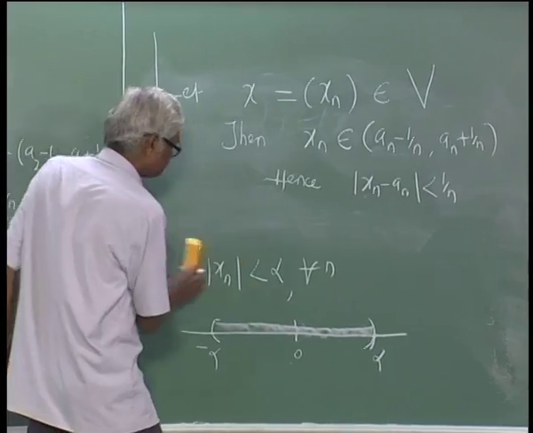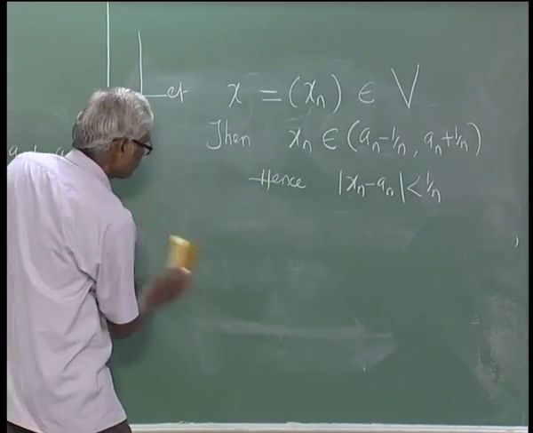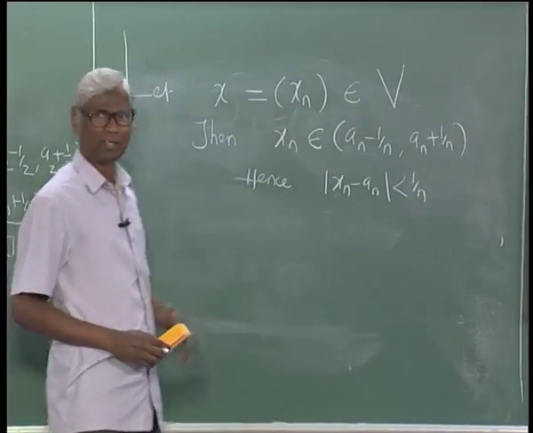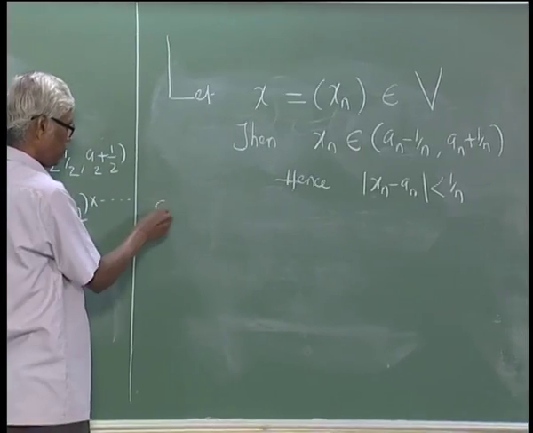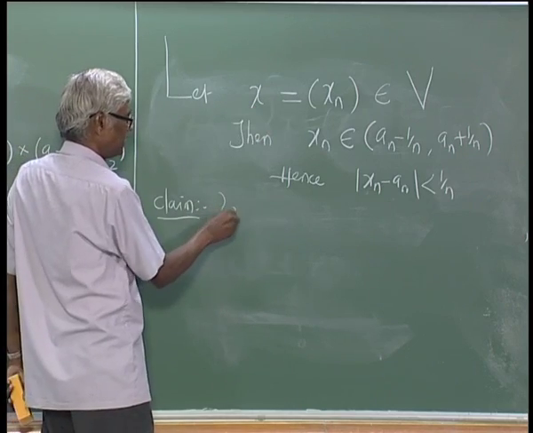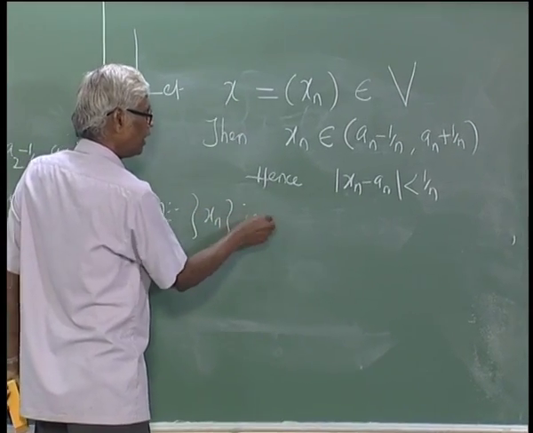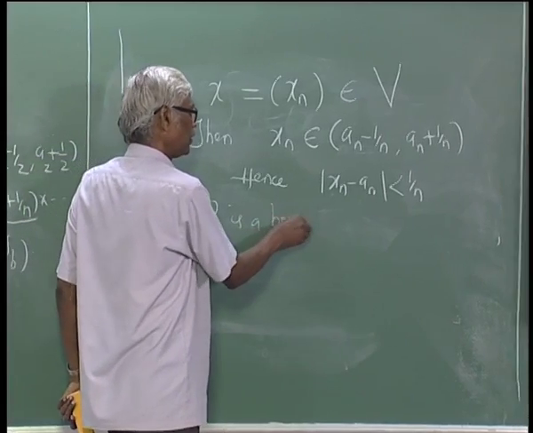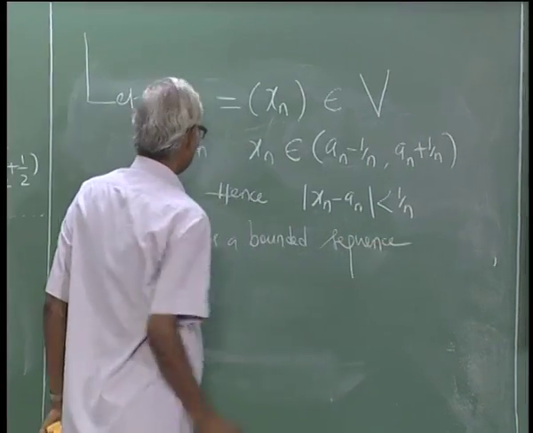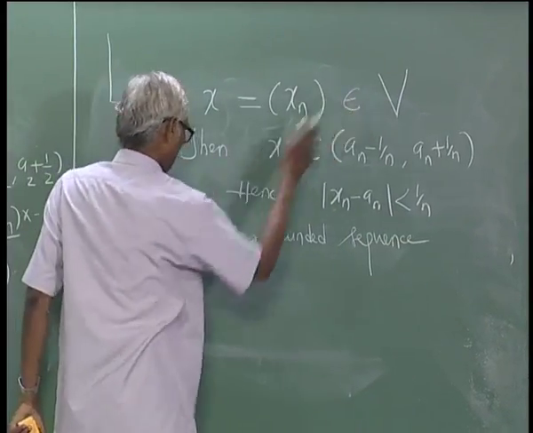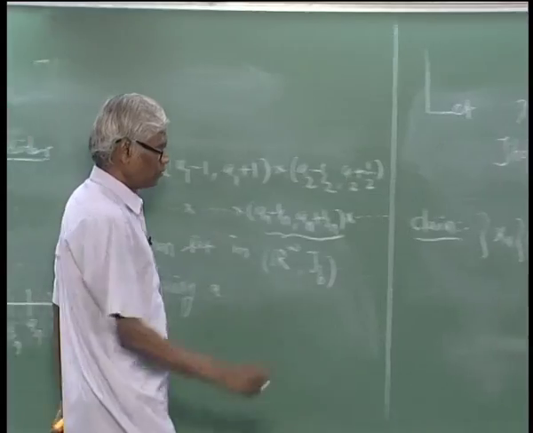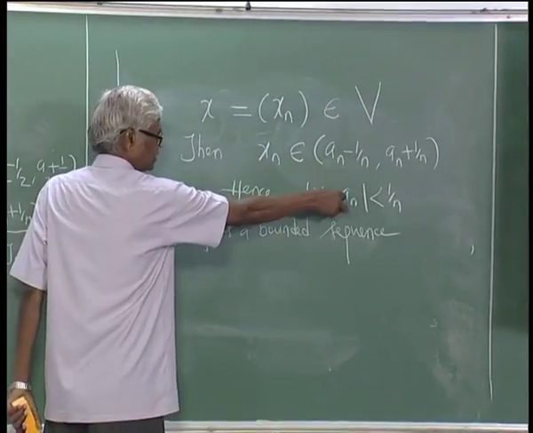So, we want to prove that x belongs to V, and then the claim is that the sequence x_n is a bounded sequence. That means x belongs to V implies x belongs to the set A. Now, this is almost trivial.